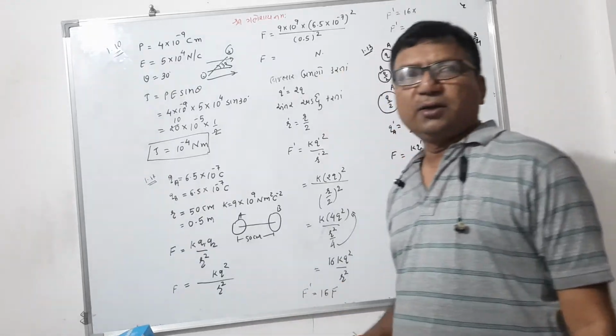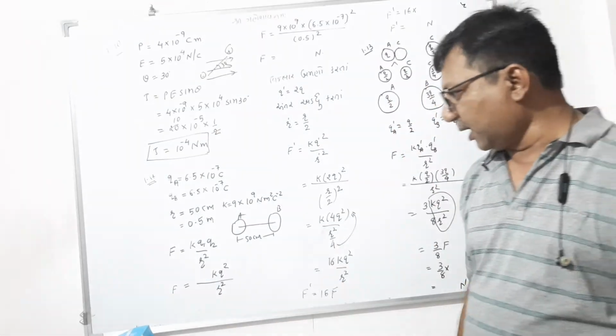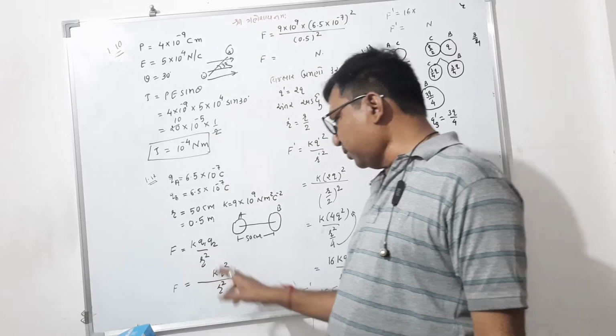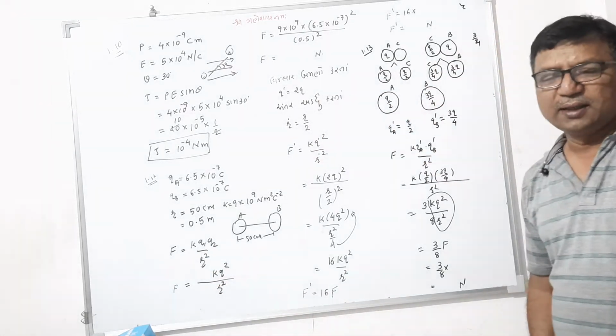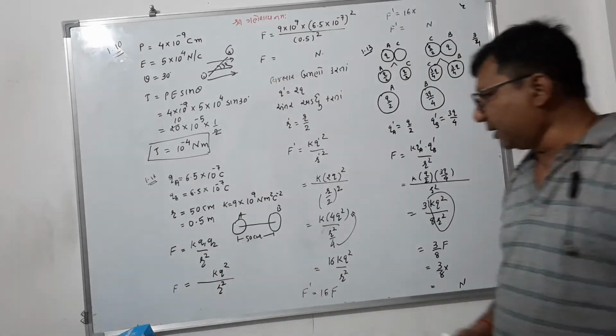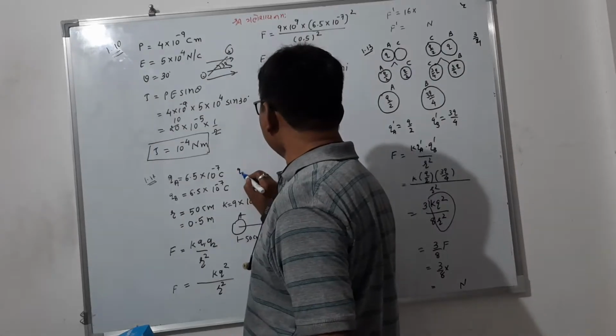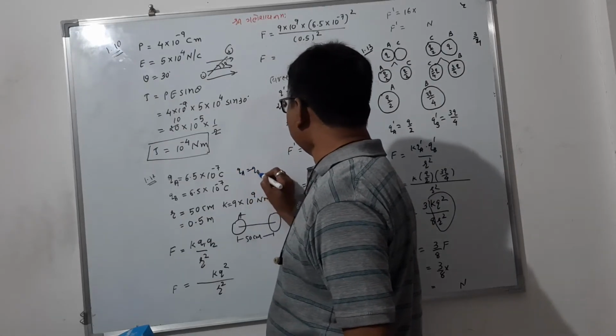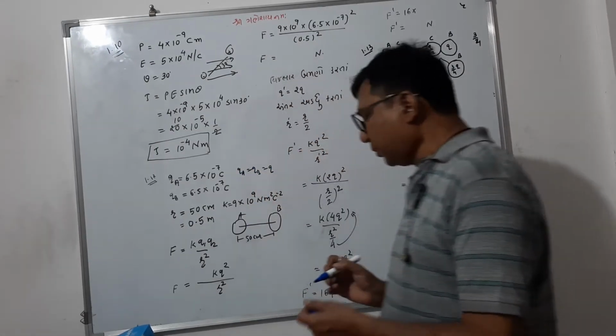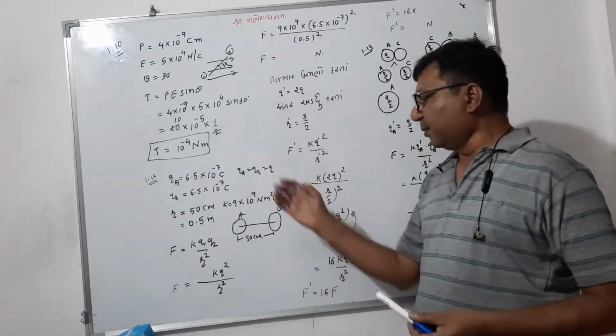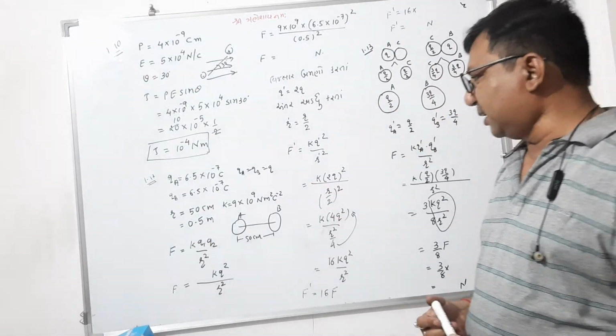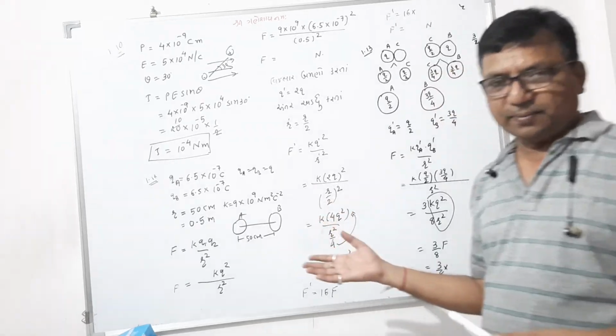That means you have to apply the formula F is equal to K Q1 Q2 upon R square. It's very simple, but here you have QA equal to QB equal to Q. That means the magnitude of the charge is the same for both.